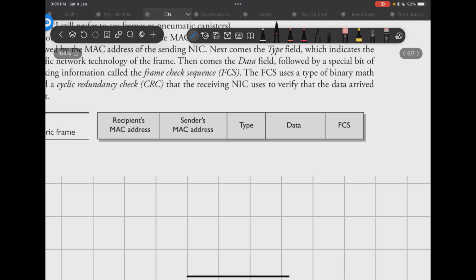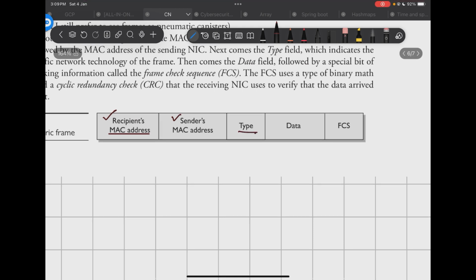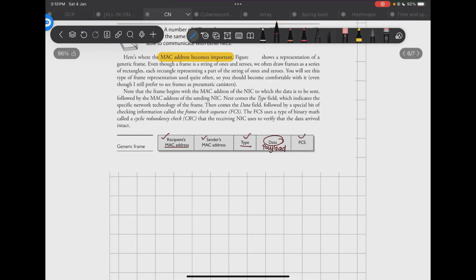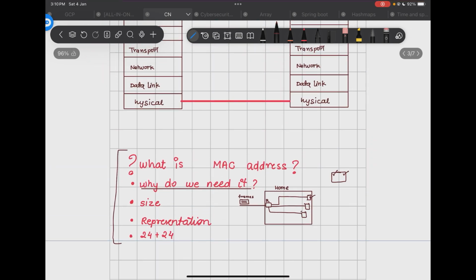It has, as you can see, the recipient's MAC address, meaning your machine's address. This was the problem. The router was unable to differentiate between your devices and other devices in the network. MAC addresses solve it. And the sender's MAC address is there so that you can know who sent you the data. Type and data, data is the actual payload here. We will study the type and FCS further when we learn the data link layer.